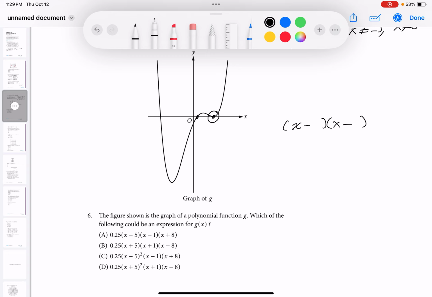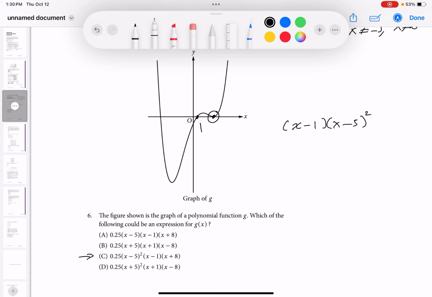And I also know it's a repeated root, so there'll be a square there, all right? So I want to look around and see if I see that with x minus a number. Looking at these numbers over here, it looks like they're using 1 and 5. So I'm going to put 1 and 5 over here. That looks reasonable to me. So I'm going to look for x minus 1 up to the first power. So I'm going to say this one looks like a good candidate at this point.